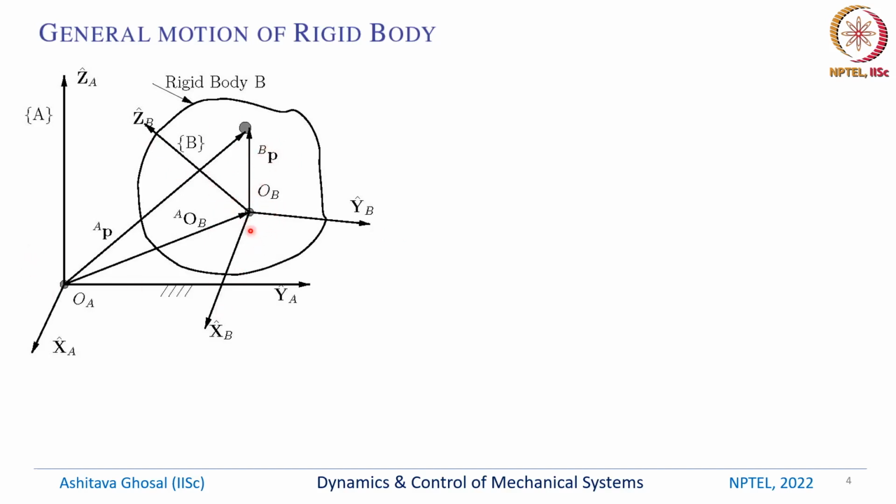The location of the origin of this coordinate system attached to the rigid body is given by AOB, and we can also find the same point with respect to the A coordinate system. So basically A of P is nothing but the vector addition of these two, but we need to be careful and add it properly. The important thing in this figure is that the origins OB and OA are not coincident.